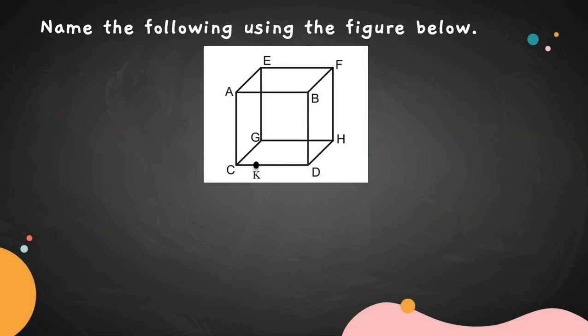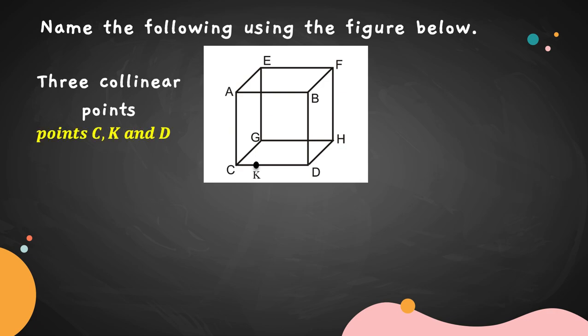Okay, next, how about this one? Looking at the figure, name the following using the figure below. We have here a box. Number 1, three collinear points. I'll repeat, when you say collinear points, these are the points that lie on the same line. An example would be points C, K, and D. These are collinear points because they lie on one line, which is line CD.